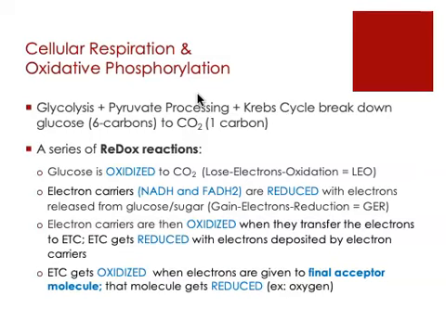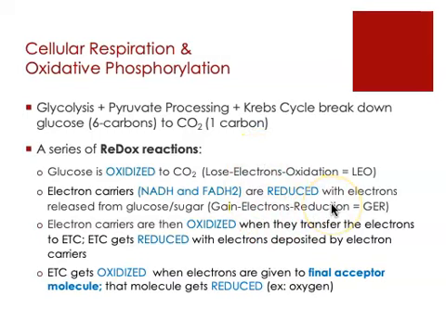And there are several of these electron carrier molecules. They're called things like NADH and FADH2. These are little intermediate molecules that are capable of receiving electrons from glucose. In other words, gaining electrons. There's your GR, becoming reduced.